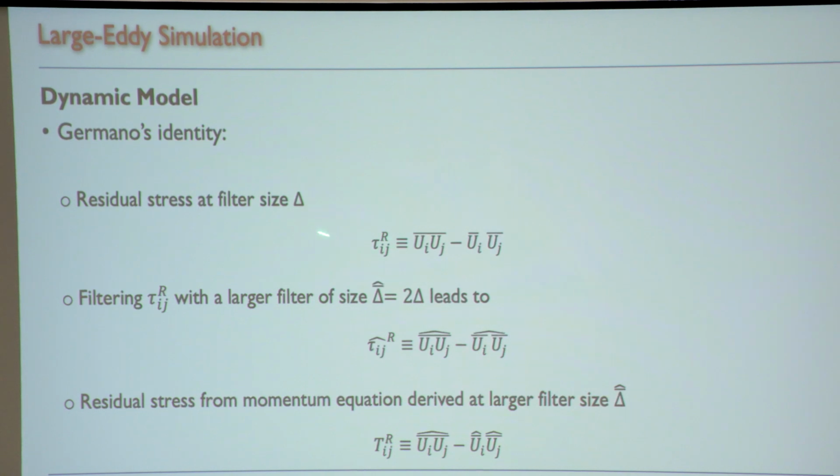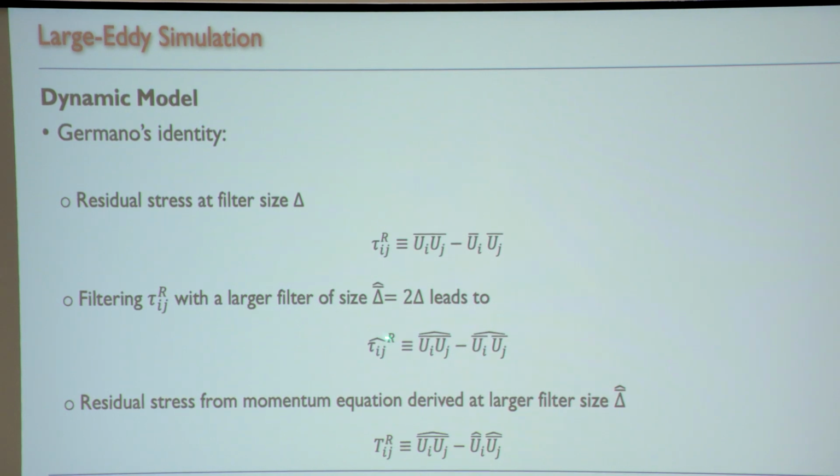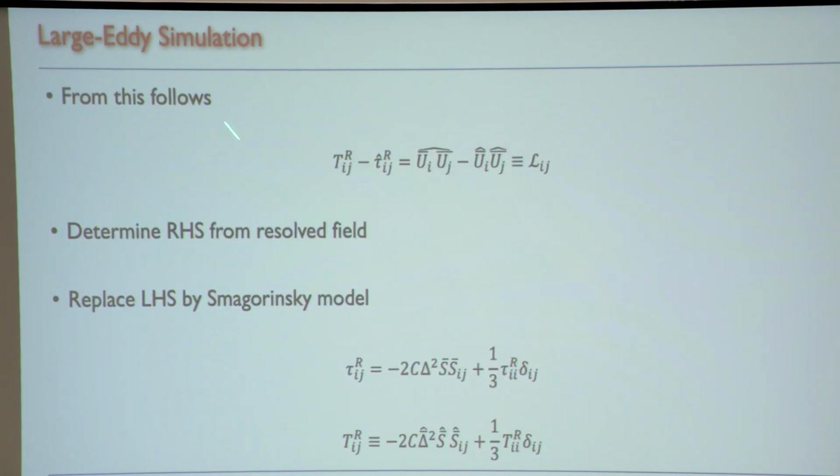So you have the residual model here, and then you filter that residual model to a larger scale. There's a test filter size, which is twice as large, but you can also write the Smagorinsky model for that larger scale, and then you can take the difference of these.